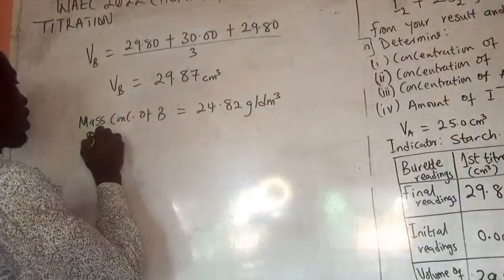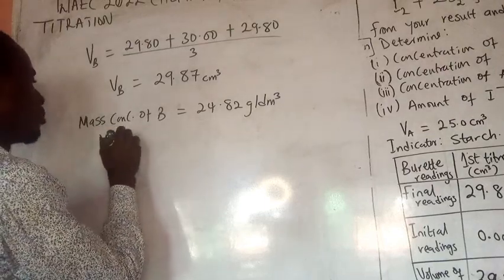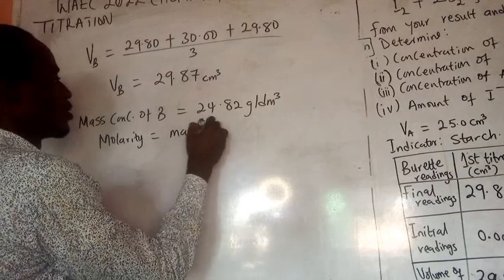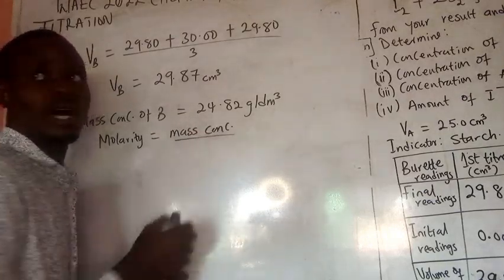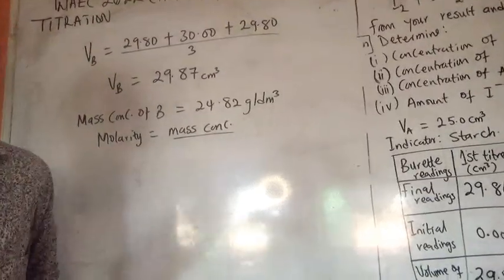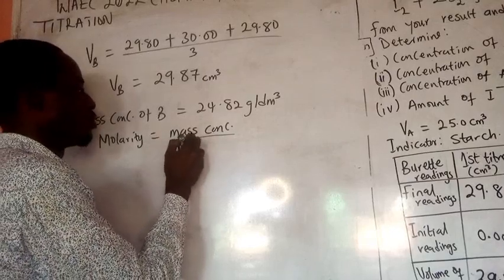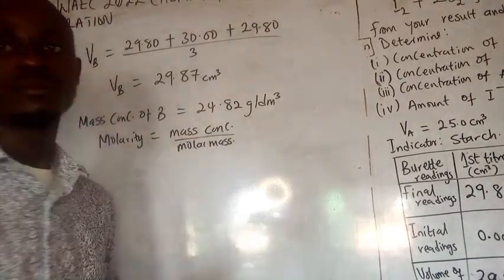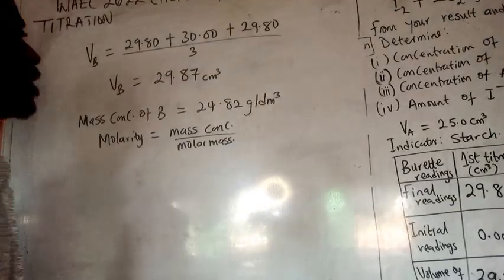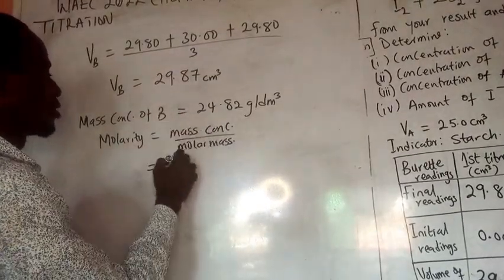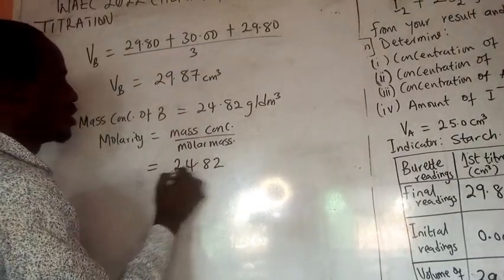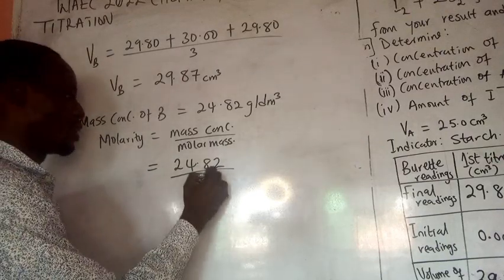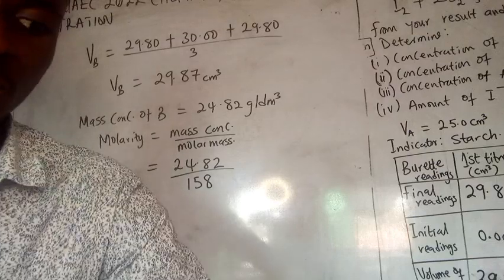And you know that molarity, which is the molar concentration, is equal to mass concentration over molar mass. So to calculate that, we have the mass concentration, which is 24.82, divided by the molar mass of sodium thiosulfate, which is 158.